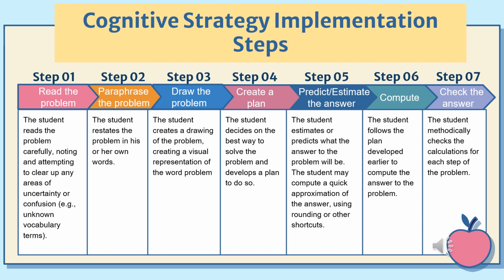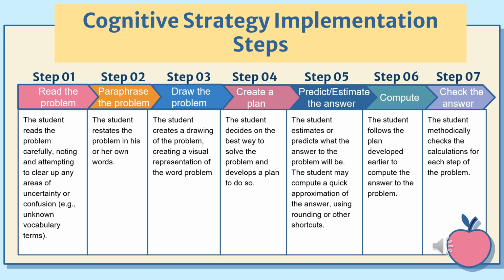Step 1, read the problem. The students read the problem carefully, noticing and attempting to clear up any confusions, for instance, unknown vocabulary terms. Step 2 is paraphrase the problem, when the student restates the problem in his or her own words.